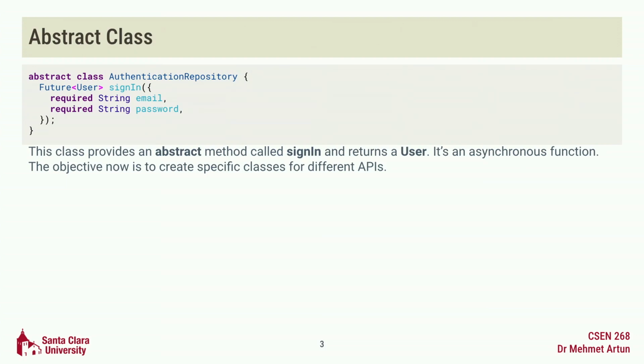Why? Because nobody will sign me in instantaneously, right? They will sign me in always with a delay, so asynchronously. So it returns a future user, and as you can see, this method has arguments, but it has no implementation.